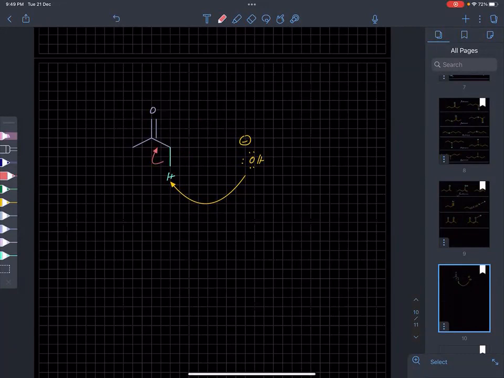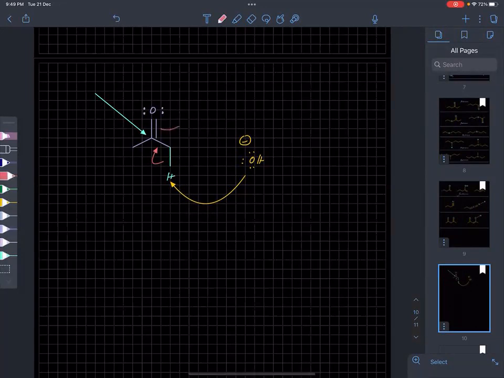Now, why is this happening? See this carbonyl carbon. Can you see the carbon to which oxygen is double bonded? It already has 4 bonds, right? This carbon already has 4 bonds. So if one more bond is forming, it cannot form 5 bonds, right? So what will it do? This oxygen already has 2 lone pairs.